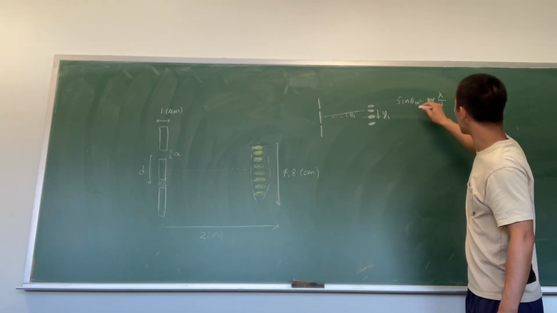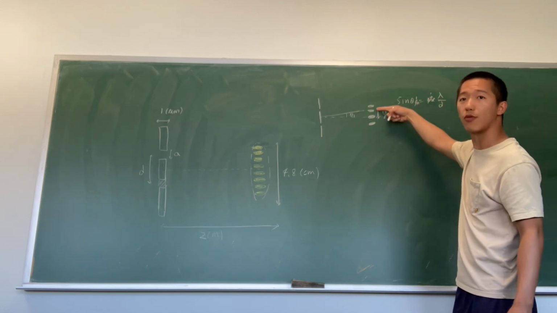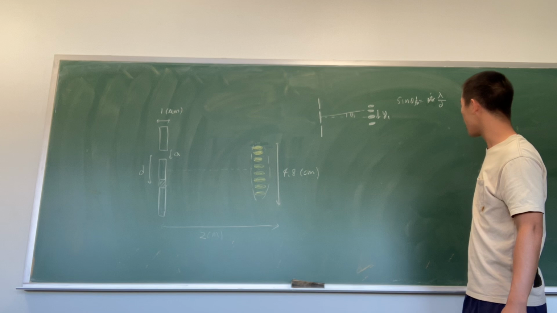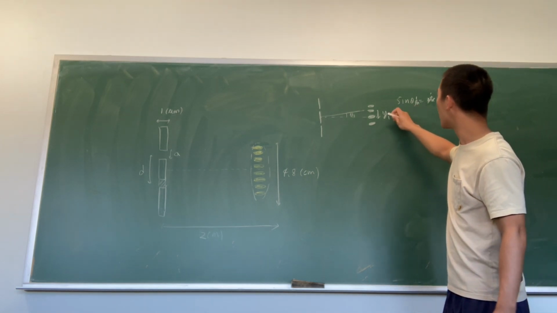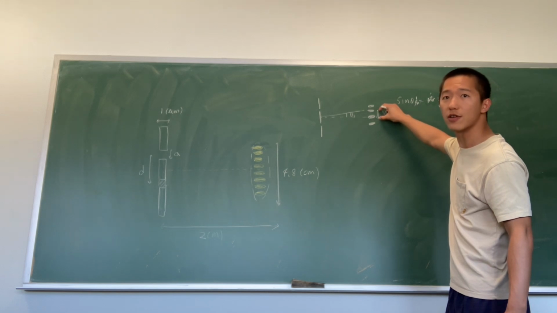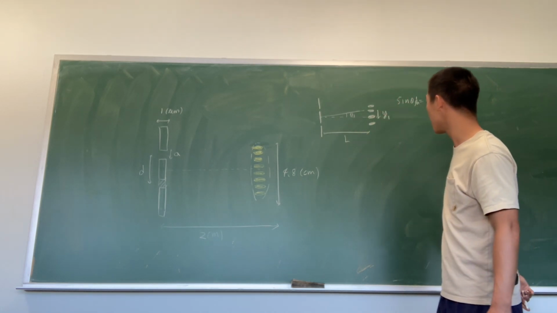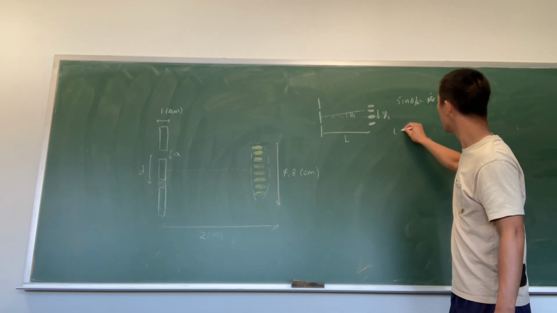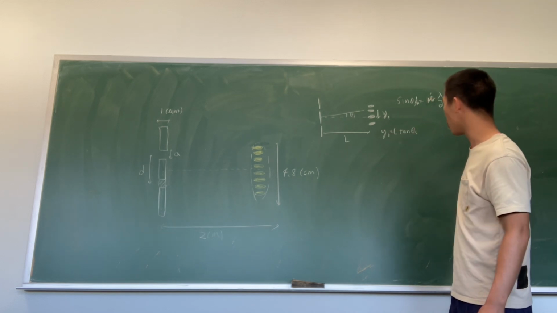Start with n, and then you can replace n with 1 for the first bright fringe above the center. So this is the angle, but if you want the height of the first bright fringe, we should multiply the distance here by tangent, and that should give us the y1 we want.